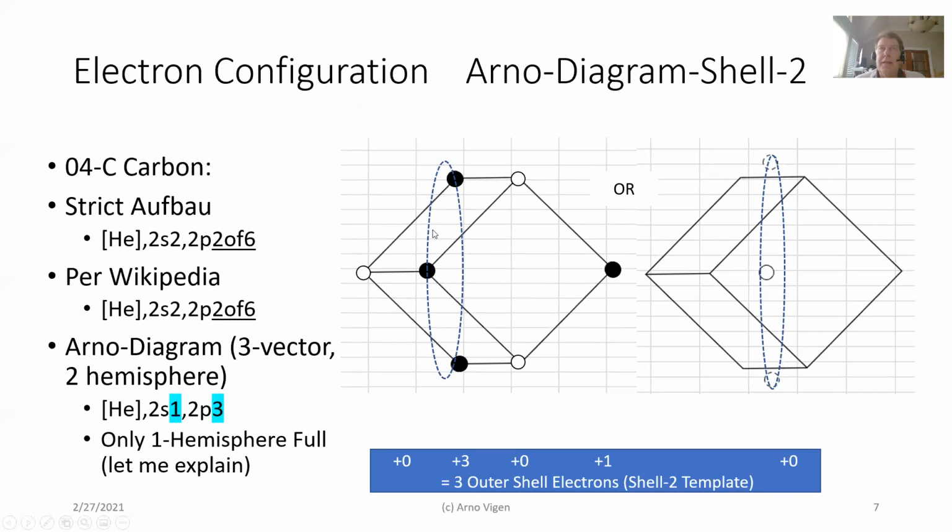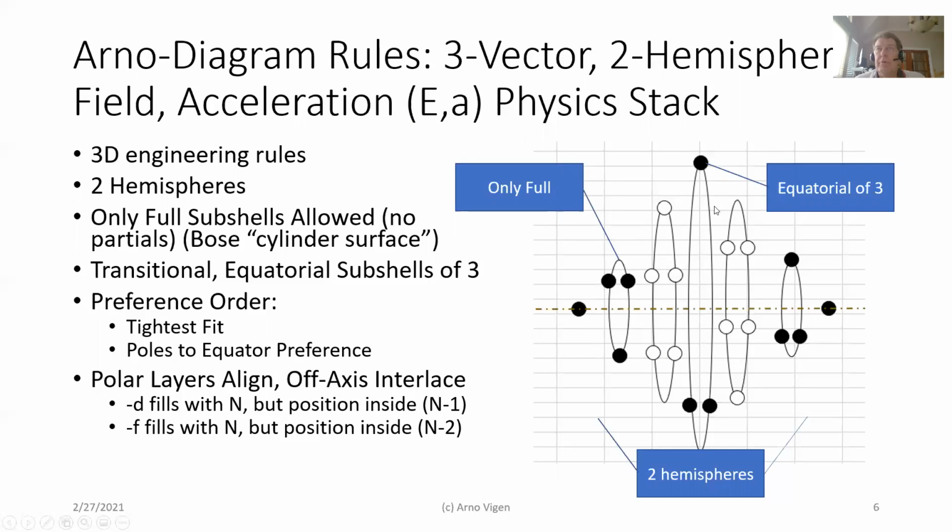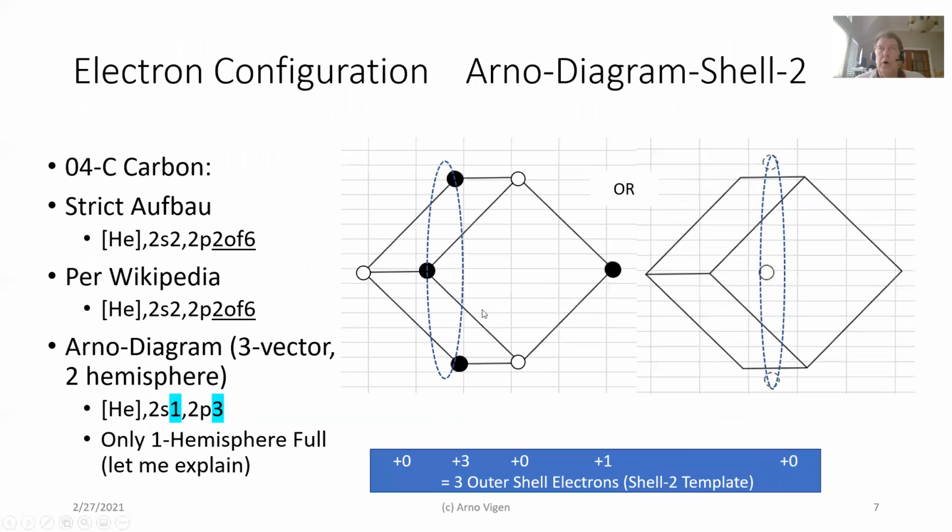You don't have an inner layer that gives it stability. So you don't get this full layering possible. It's an either or. Either you use a cube, an octet, or you get this 3 at the equator.